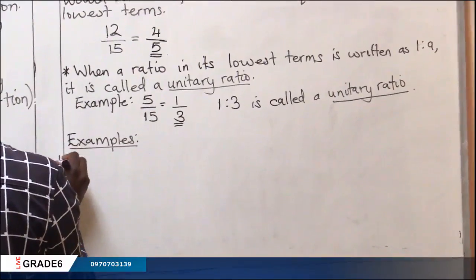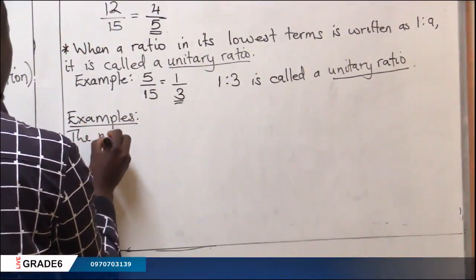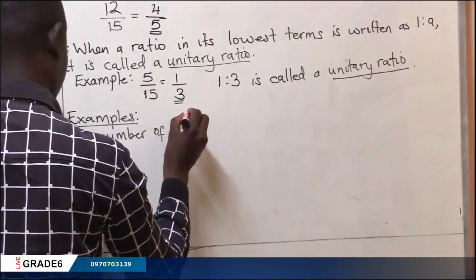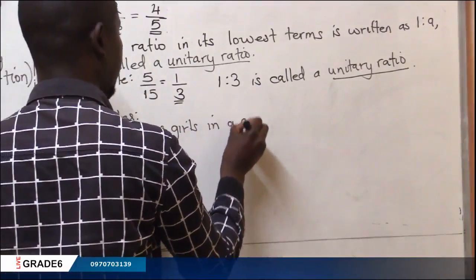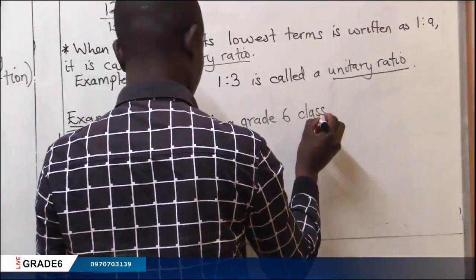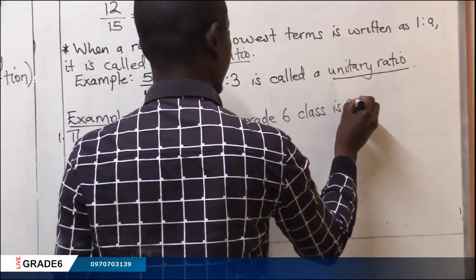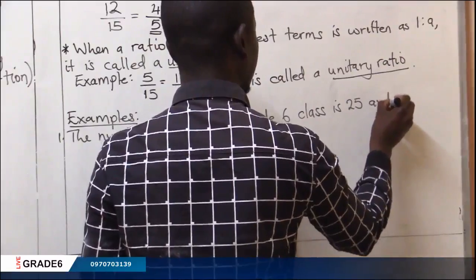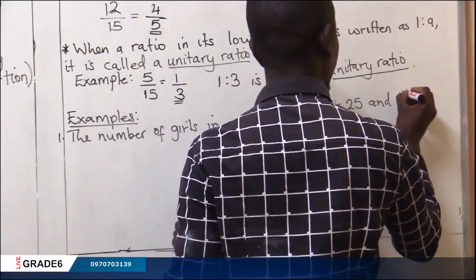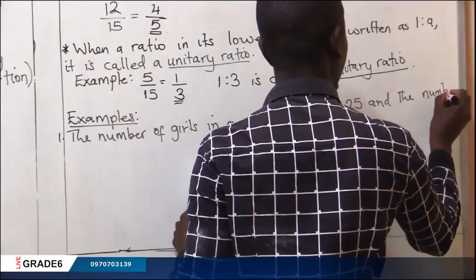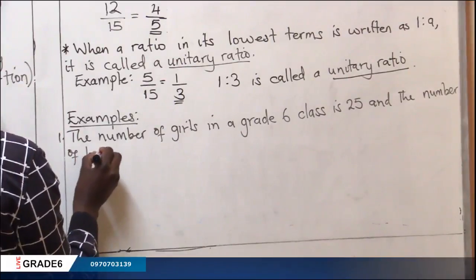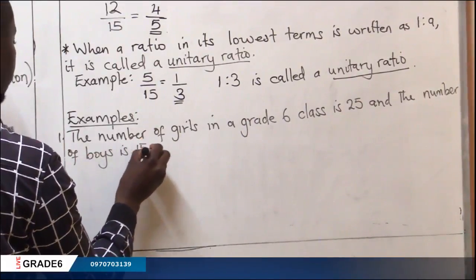All right, number one, the number of girls in a grade 6 class is 25, and the number of boys is 15.